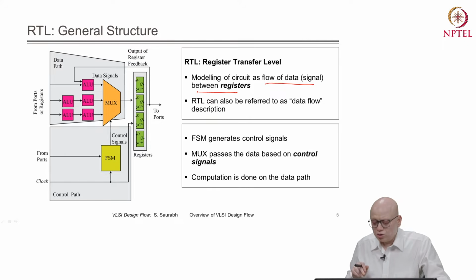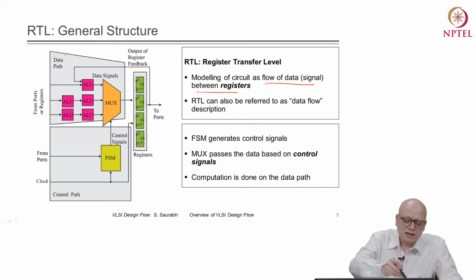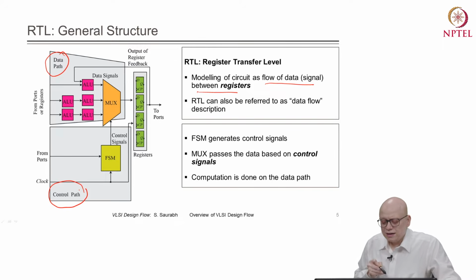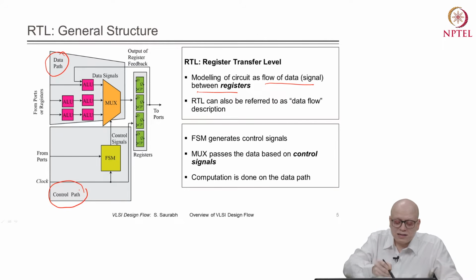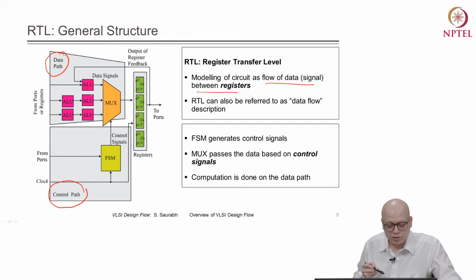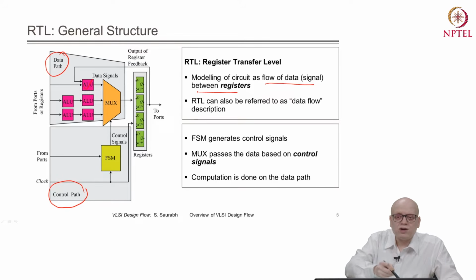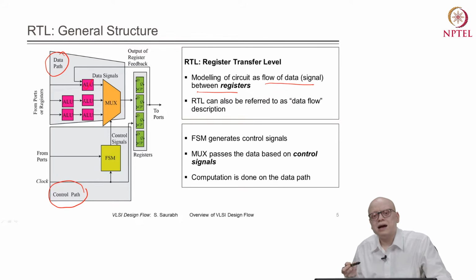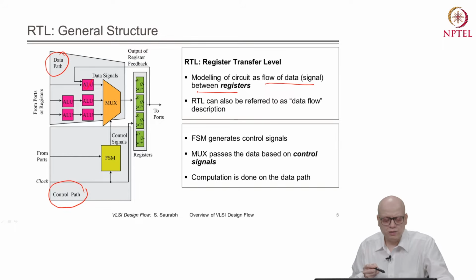It has two distinct parts: one is the data path and the other is the control path. In the data path, the major portion of computation is done. For example, there are ALUs or arithmetic logic units which do the computation. These units can be adders, multipliers, or logical units, AND gates, OR gates, and those kinds of logical operations will be performed in the data path.